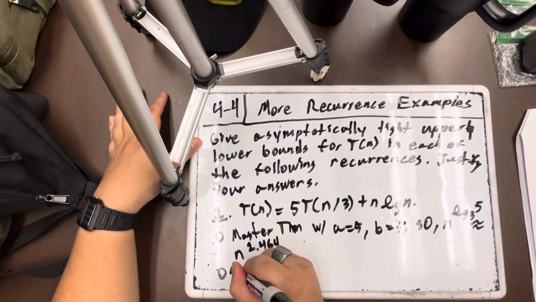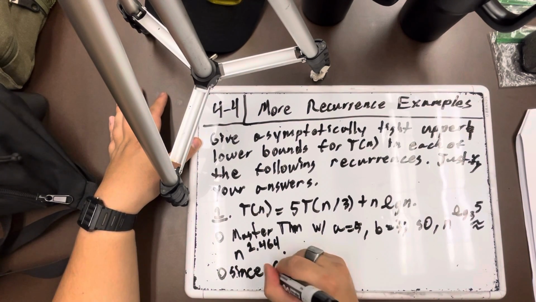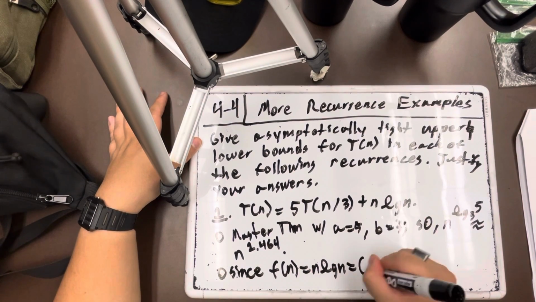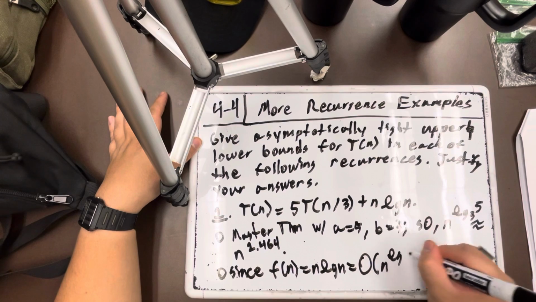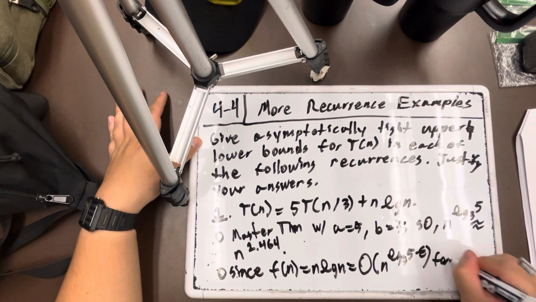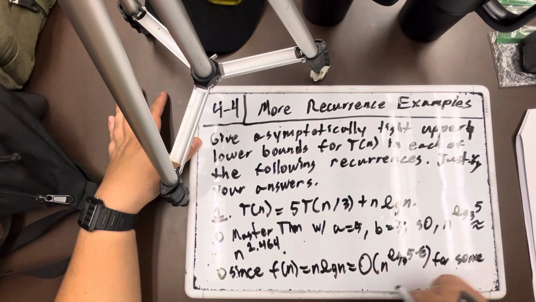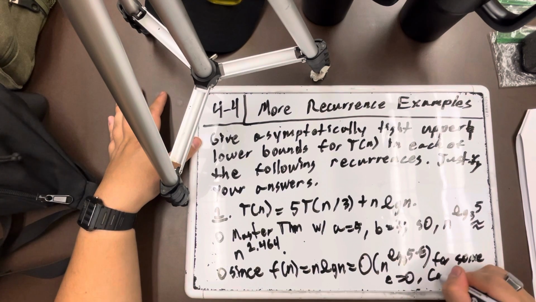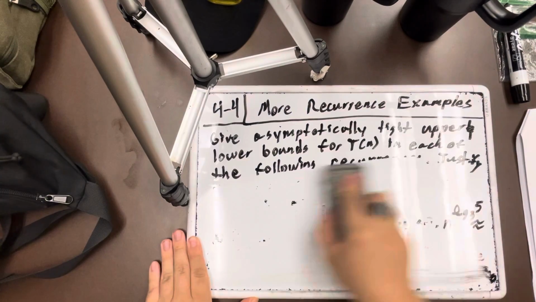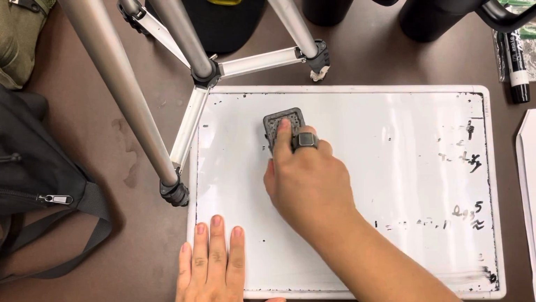Now, since f of n is equal to n log n, which is equal to big O of n to the log base 3 of 5 minus epsilon for some epsilon greater than 0, case 1 applies. And we'll look at how exactly it applies here after I erase this and continue to write and talk on it.